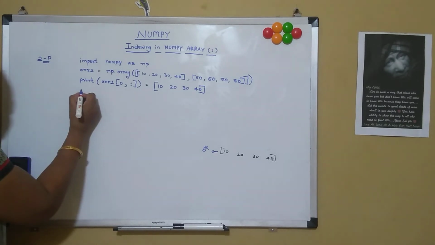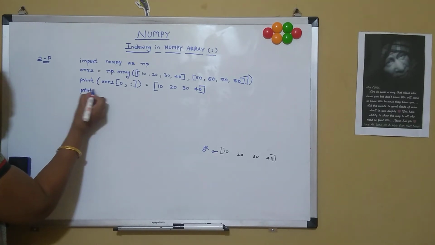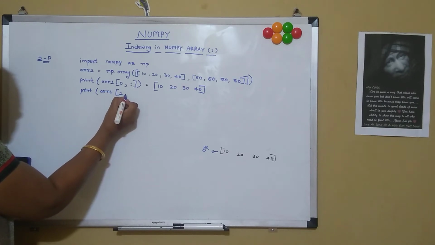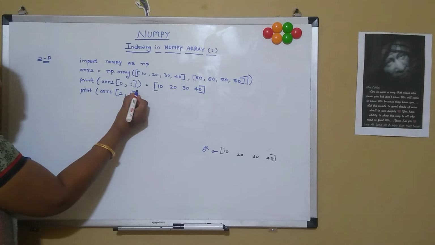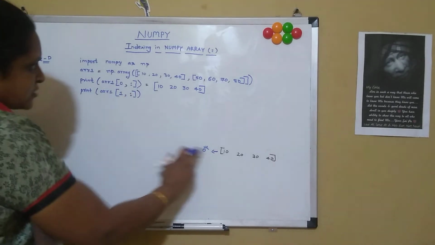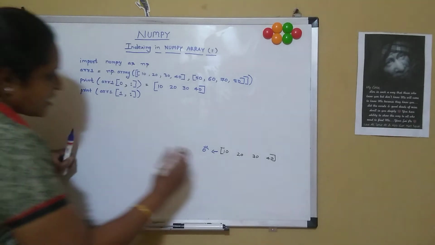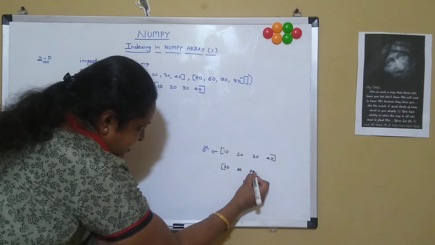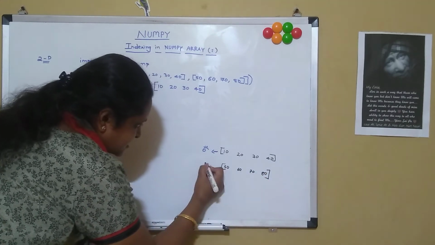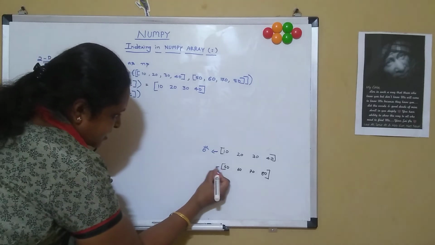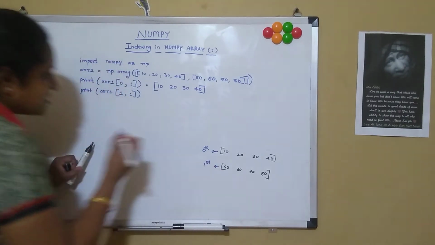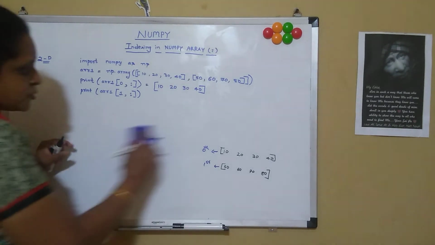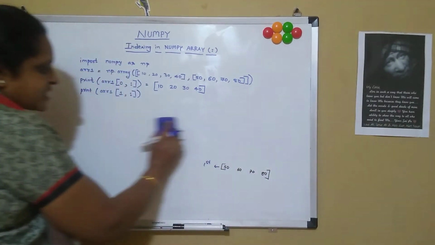And now if I say print array1, 1 comma colon. So this is at the 0th index and 50, 60, 70, 80 is at the first index. Since I am giving 1 comma colon, the 0th row will not be considered.